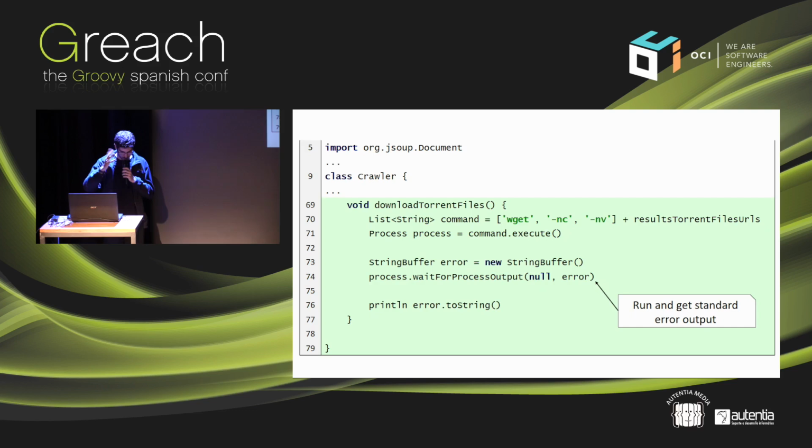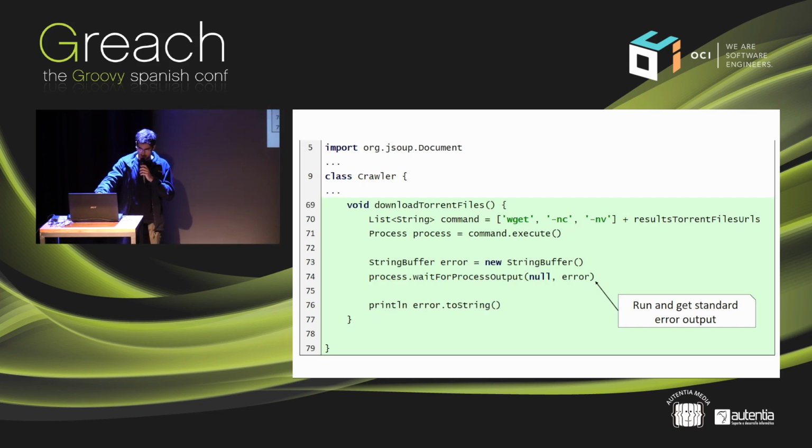In the example that is structured in the talk, we want to download the torrent files, so we use the wget utility. We construct the command passing as arguments the URLs to the torrent files that we gathered previously, and we execute it.